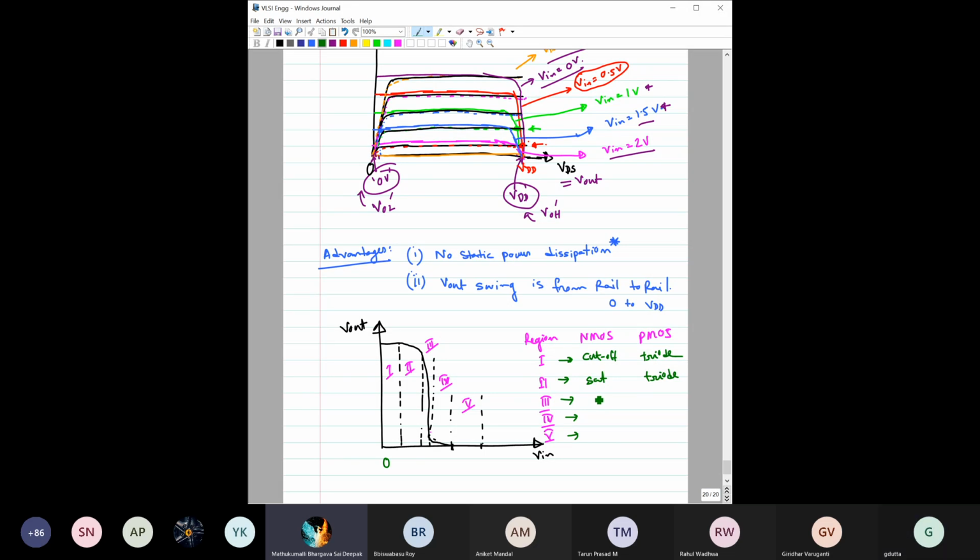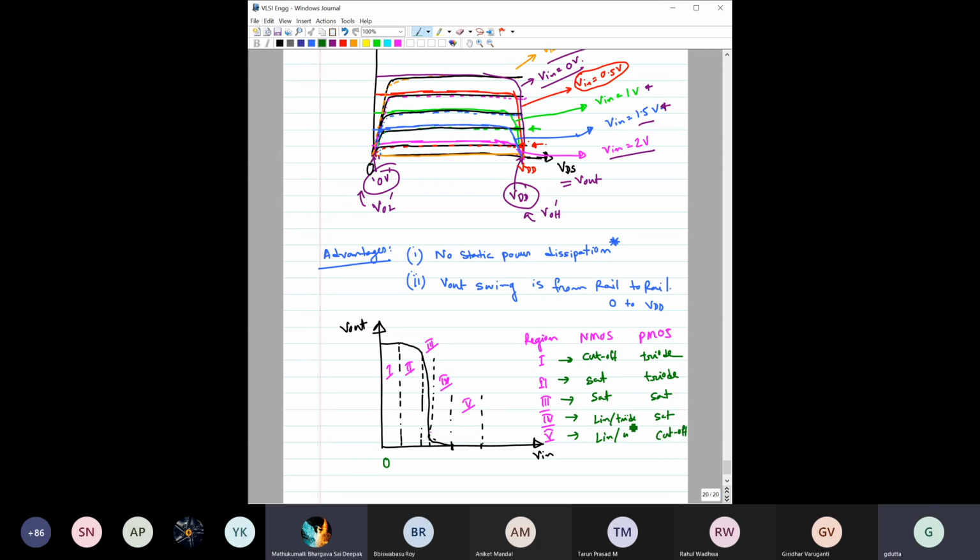Then region 3, saturation. Please tell me quickly. Then linear and saturation, triode and saturation. Okay, linear or triode, saturation. Region 4, linear and saturation. Region 5, linear and cutoff. Linear or triode and cutoff.